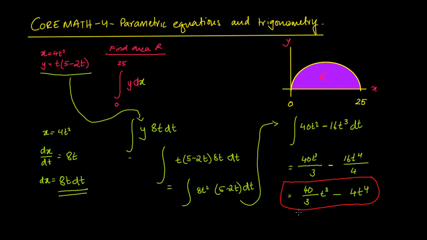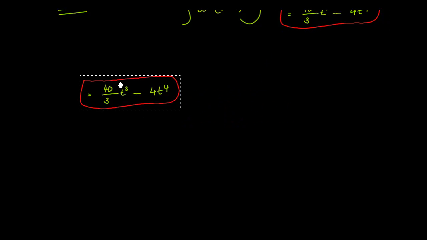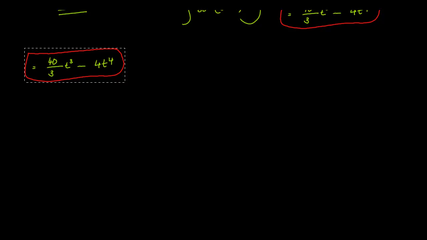Okay, now all we've got to do is simply use this equation to find the value of R. Now what we have to remember is that 0 and 25 are both x coordinates.